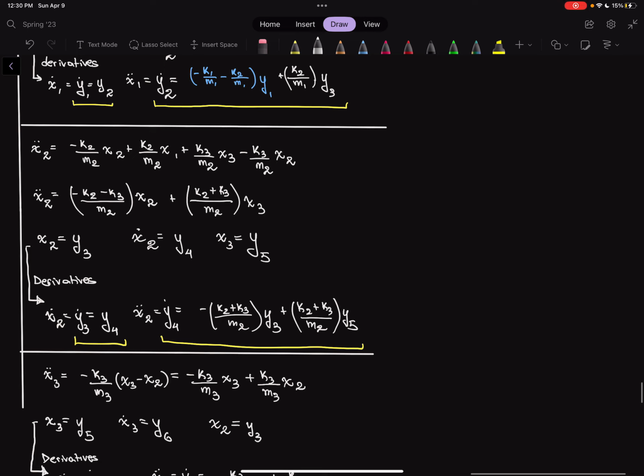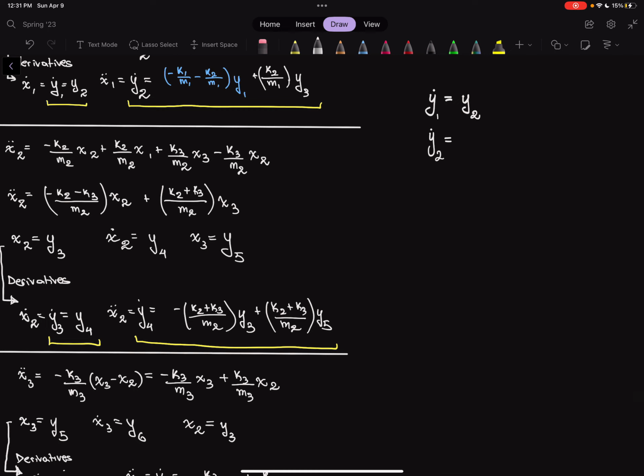So I have y prime 1 is equal to y2, and y dot 2 equals the negative of k1 plus k2 over m1 times y1 plus k2 over m1 times y3.